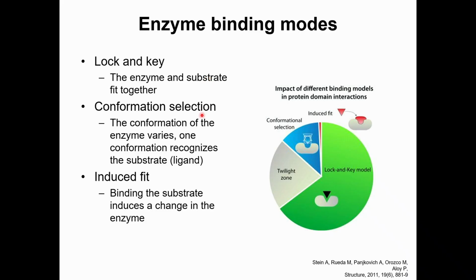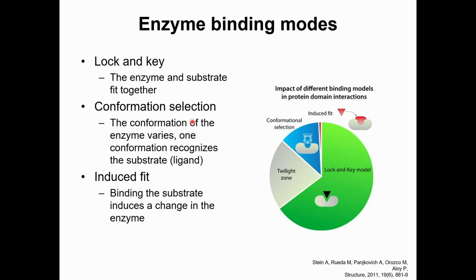But sometimes there is a process called conformation selection. The enzyme is typically a protein, and if we're thinking in terms of molecular dynamics, even quantum mechanics, the enzyme can be constantly fluctuating between subtly different conformations, different structures.